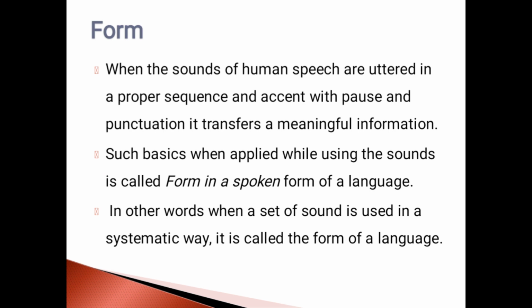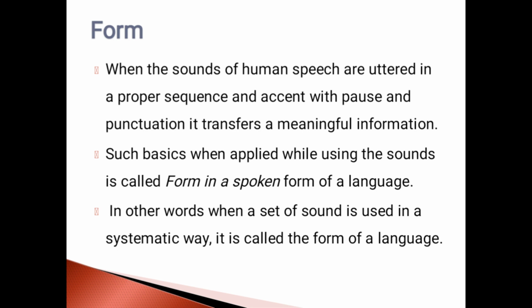Now let us see what is the form. When the sounds of human speech are uttered in a proper sequence and accent with pause and punctuation, it gives meaningful information.